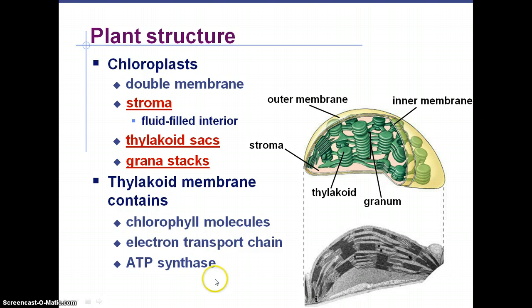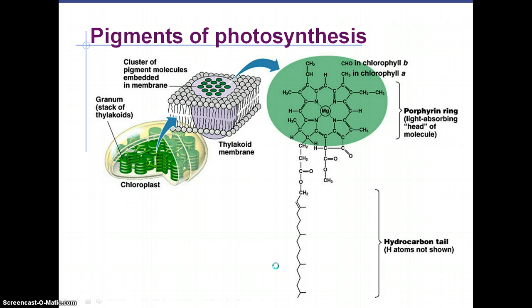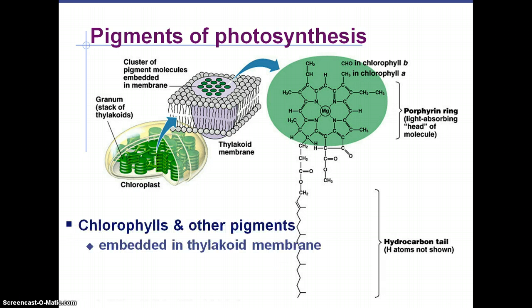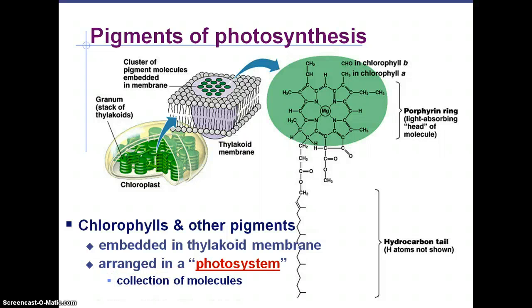And so you'll notice here this ACE means that it's an enzyme, and if you look at it, we can probably figure out what it does. ATP synthase, so it's an enzyme that synthesizes or makes ATP. Chlorophyll molecules are going to be embedded in that thylakoid membrane, and they get arranged in what we call a photosystem, which is just a collection of molecules that all work together.